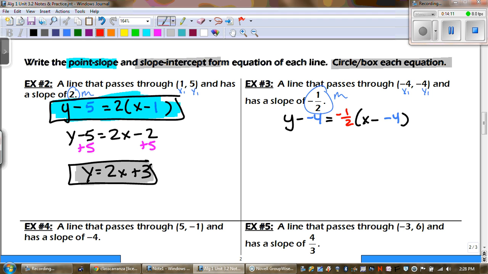Okay, that's not slope or point slope form because we don't want those double negative signs, okay? Do your clicks. Make it look nice. We will mark off for that. Okay, whoops, I forgot to put the parentheses right there. Okay, so we got y plus 4 equals -1/2 x plus 4.